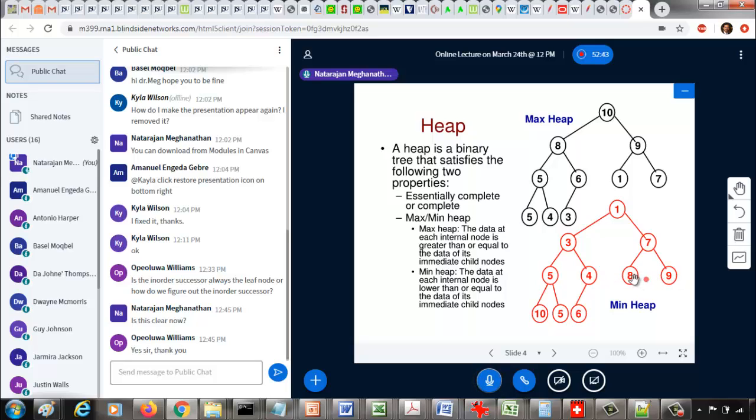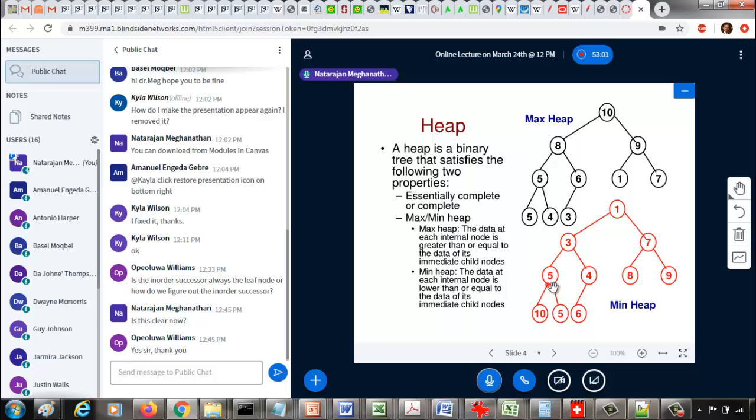The rule is just this: the data for the internal node should be less than or equal to the data of both its child nodes. We don't need to worry about how the data of the two child nodes compare. The left child could be less than the right child, or greater than the right child. That's okay.